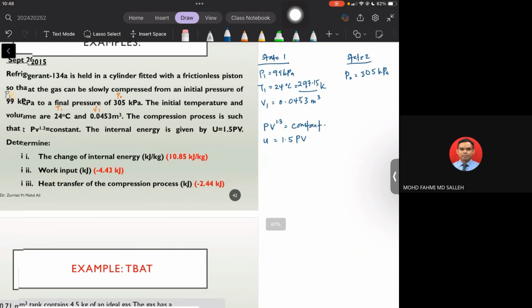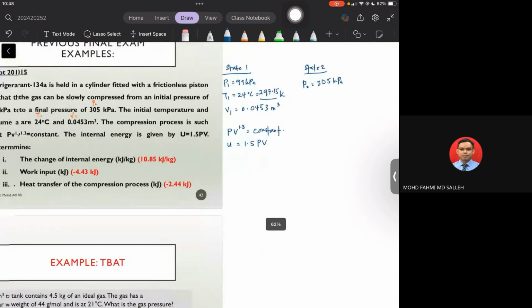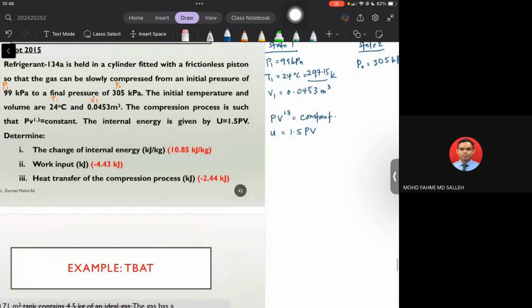Right. So if we look into the items that were asked by this question, you need to determine the change of internal energy. So we are going to solve this referring to the ideal gas solution that we have learned in MEC251.